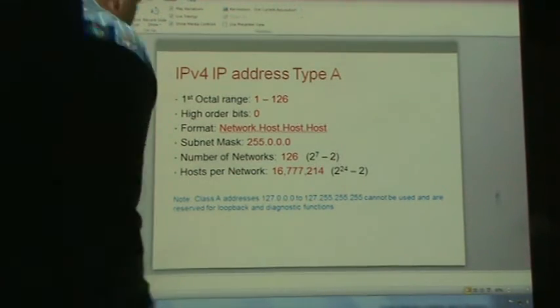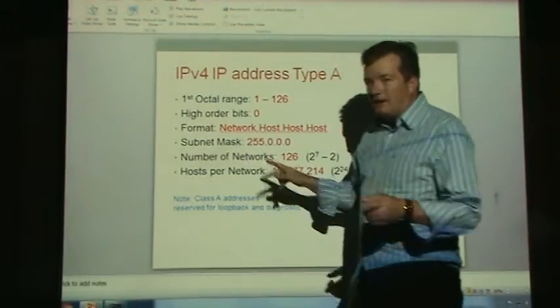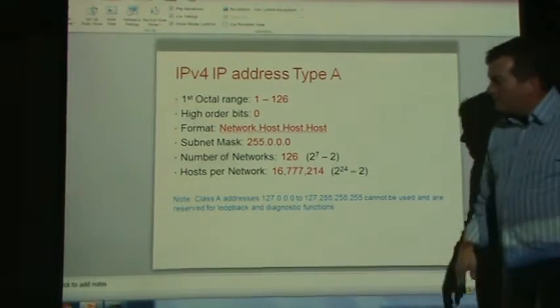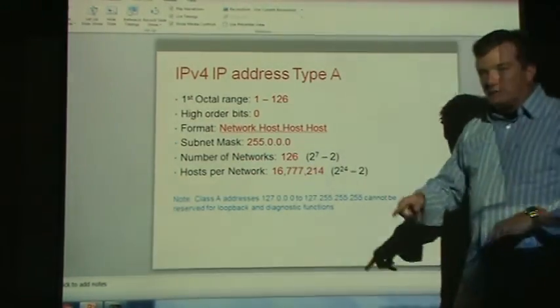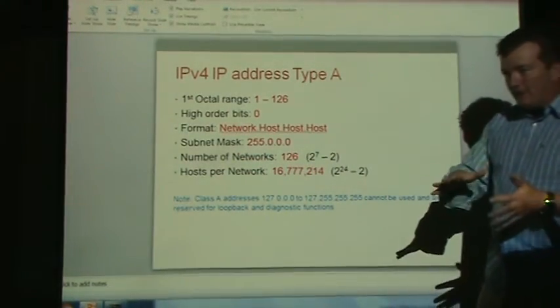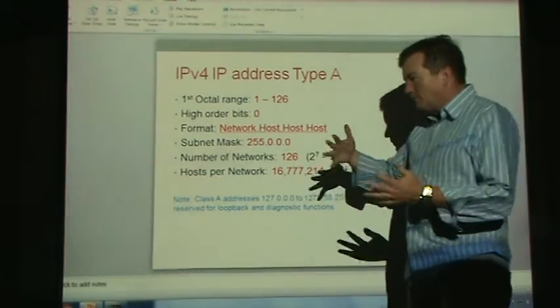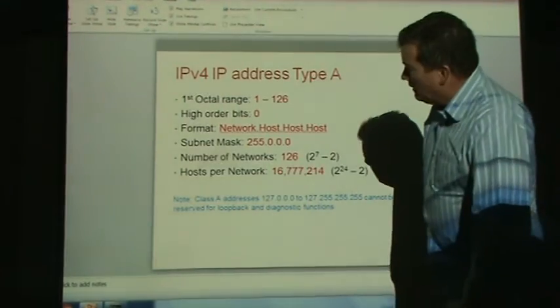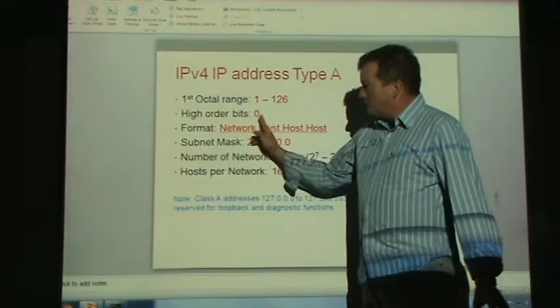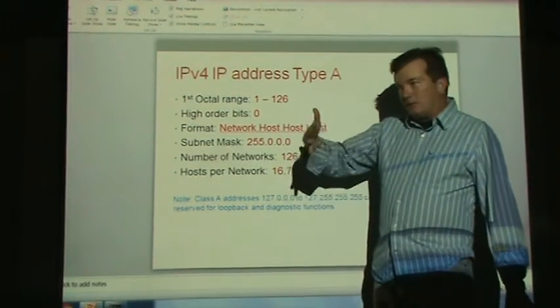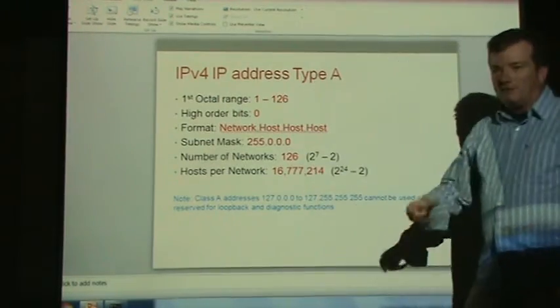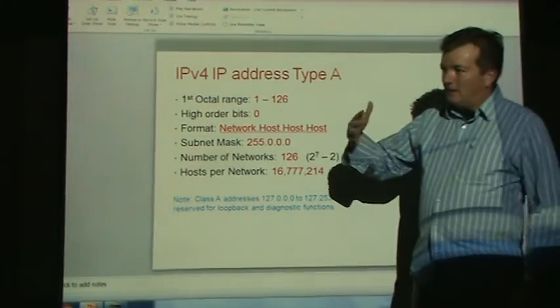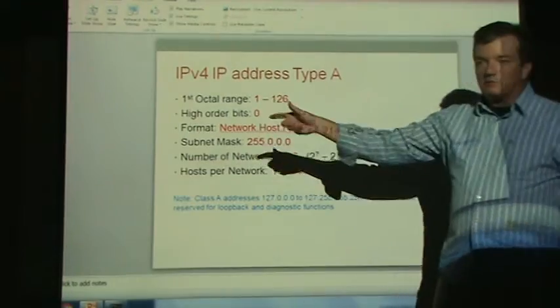If the first bit is a 0, it's a type A, and if the first bit is a 1, that means it's not type A, so you have to look at the next several bits to figure out if it's a B, a C, a D, or an A. And then however many bits you used up to figure out what type it is, you get the remaining bits to figure out what the network is, and however many bits are left over is how many hosts you have.